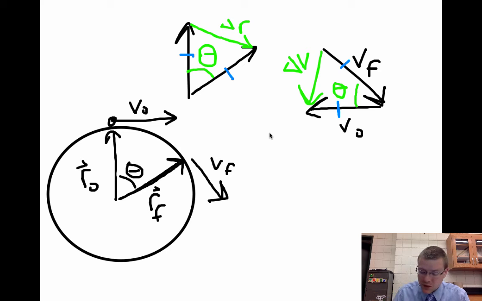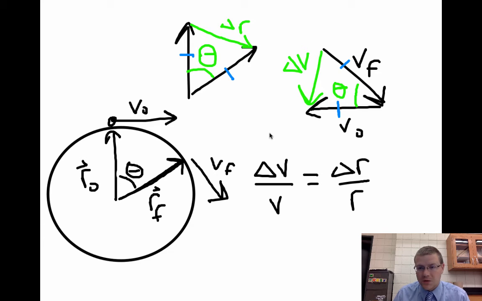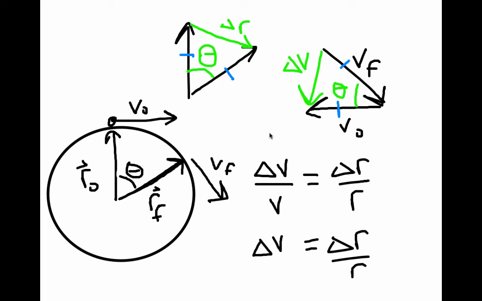The ratio we could say would be the change in velocity divided by one of the velocities is equal to the change in position over one of the position vectors, because they're sweeping out the same angle in the same motion. So if I wanted to solve for my change in velocity, I can rearrange this and get a change in velocity to be change in r over r times v.